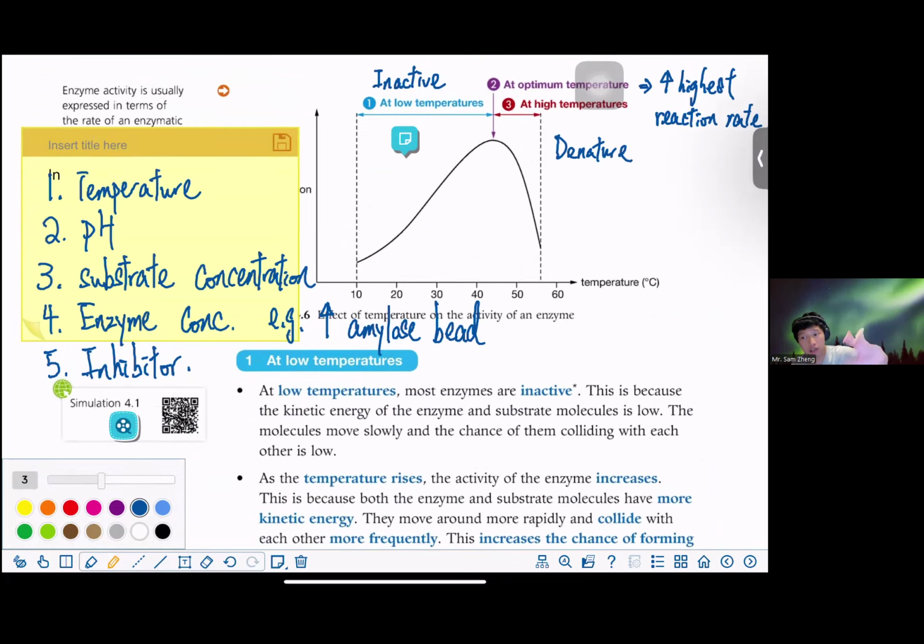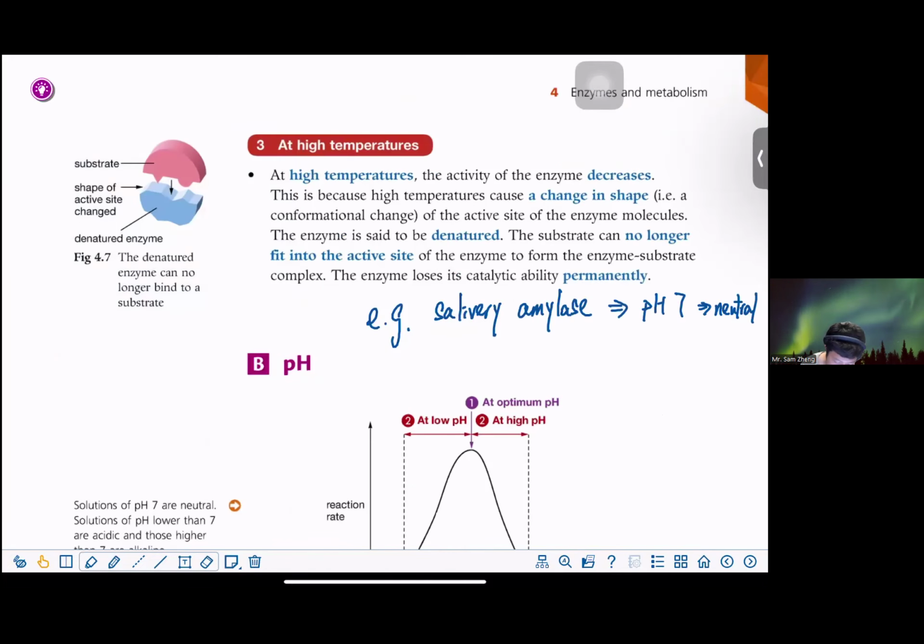You just need to know that whether it is optimum temperature, optimum pH, whether it has a very high substrate concentration, and whether it has a high enzyme concentration where there is no inhibitor, then the enzymatic activity shall be the highest, if there is the optimum temperature, optimum pH, high substrate concentration, high enzyme concentration, and no inhibitor present.